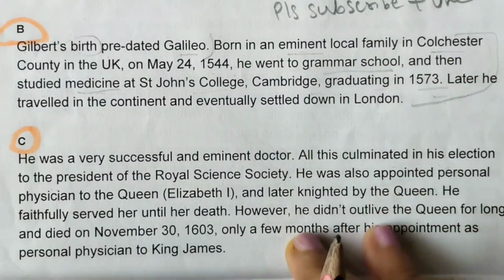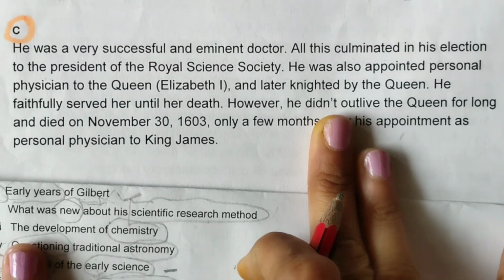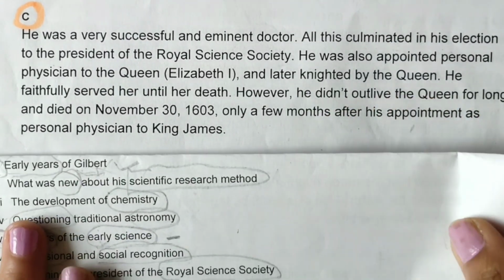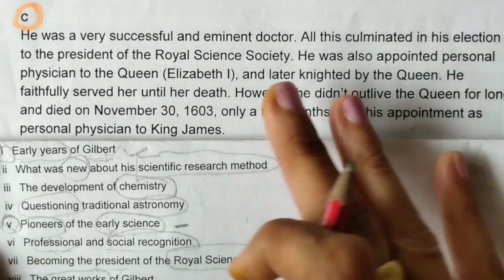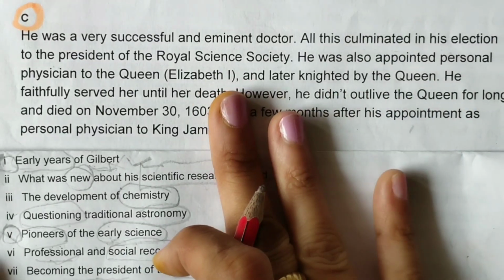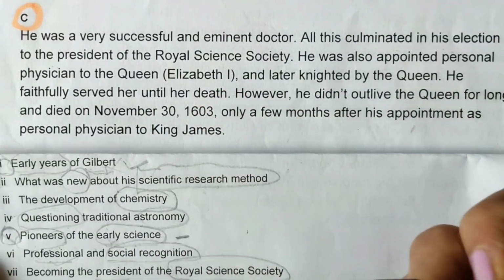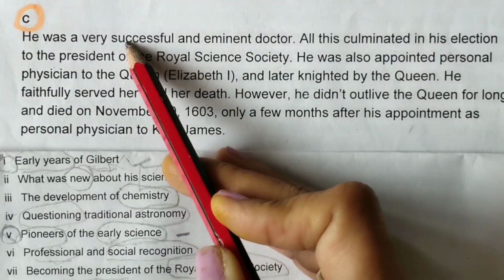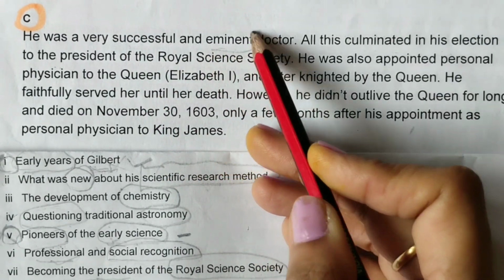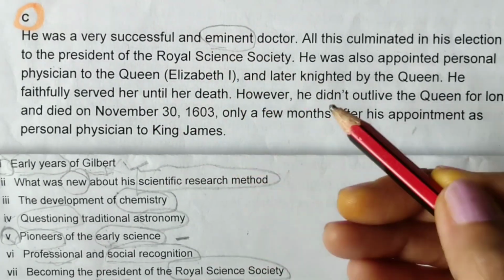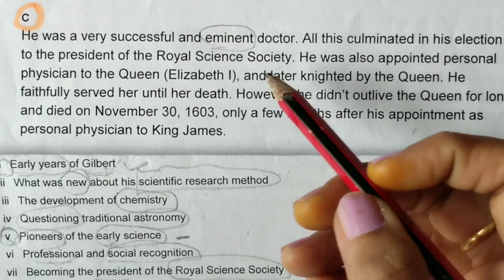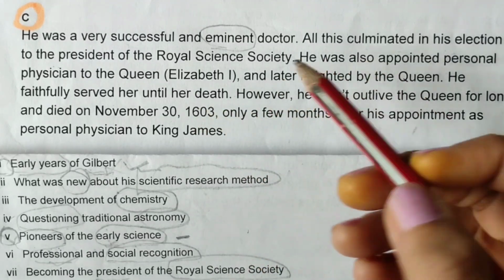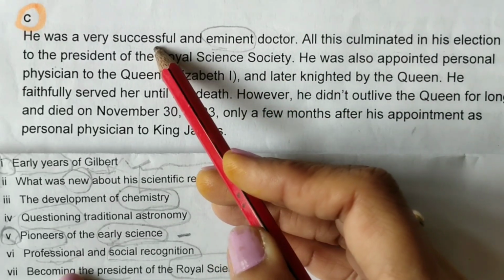Okay, now paragraph C. This is an easier list of headings reading. That doesn't matter, but if you are preparing, and those who have done many practices, you can also do it, but yes, you can take less time. He was a very successful and eminent doctor. As I told you, eminent means well known, with social recognition, and successful also.